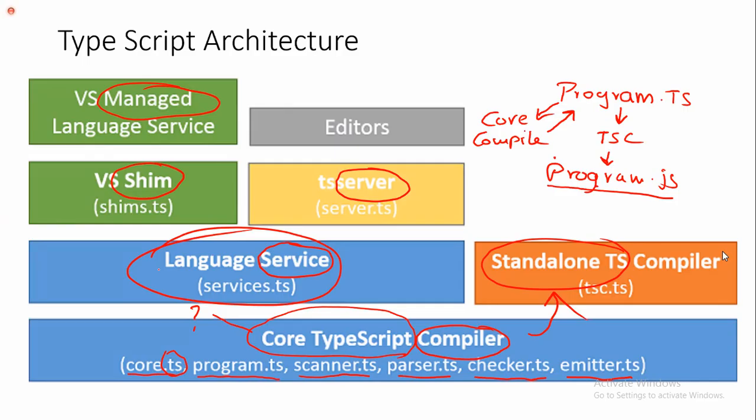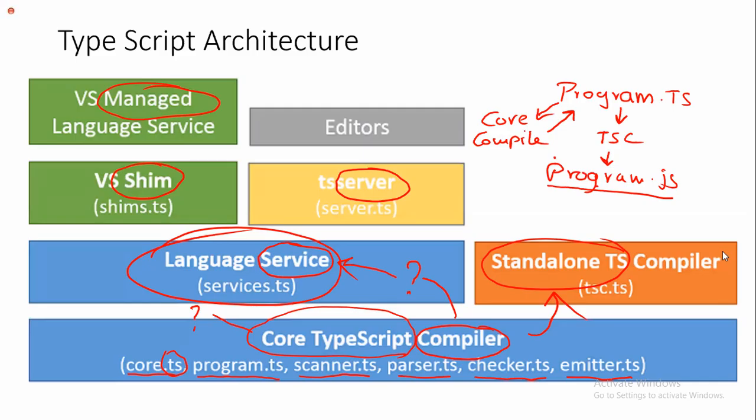The compiler is doing it, but from where is it getting the information? Compiler is verifying from language service. I hope everyone understood. What is a language service, right?